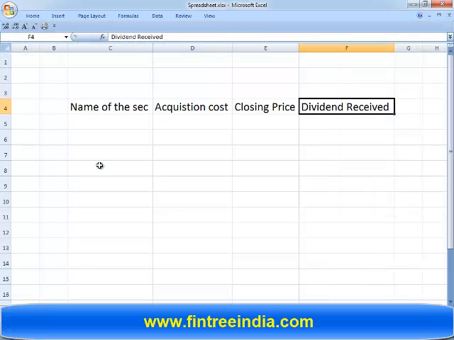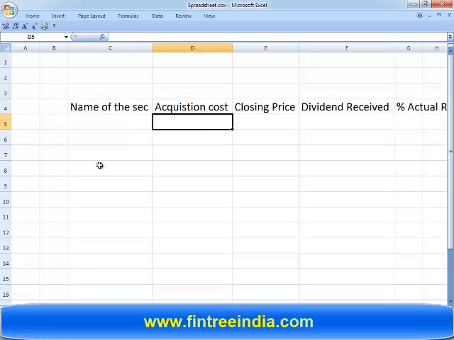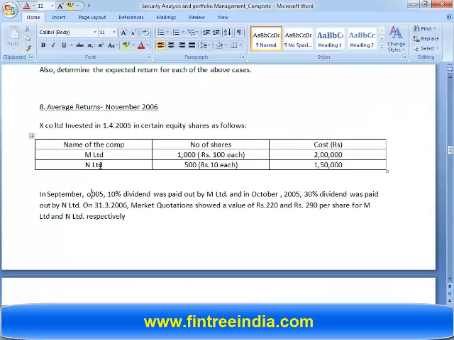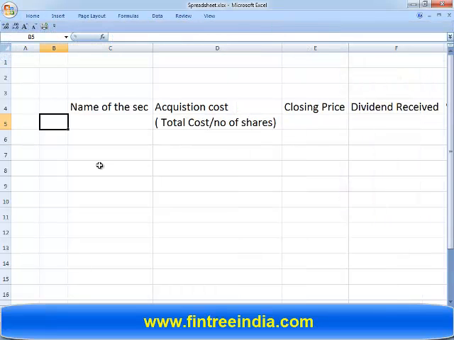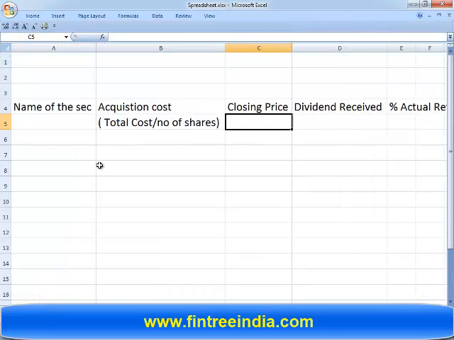So we have dividend received here, and then percentage in actual returns. Okay, so below each you will have to write down the explanation. Acquisition cost would be total cost divided by number of shares. Then closing price is given to us.